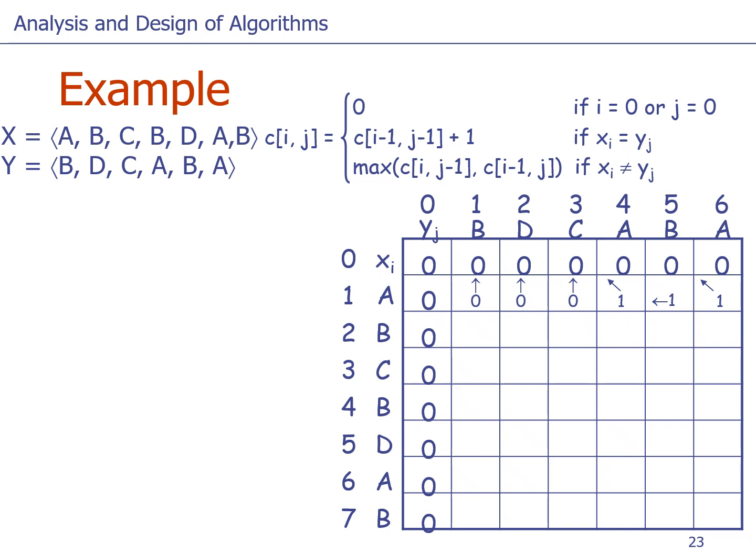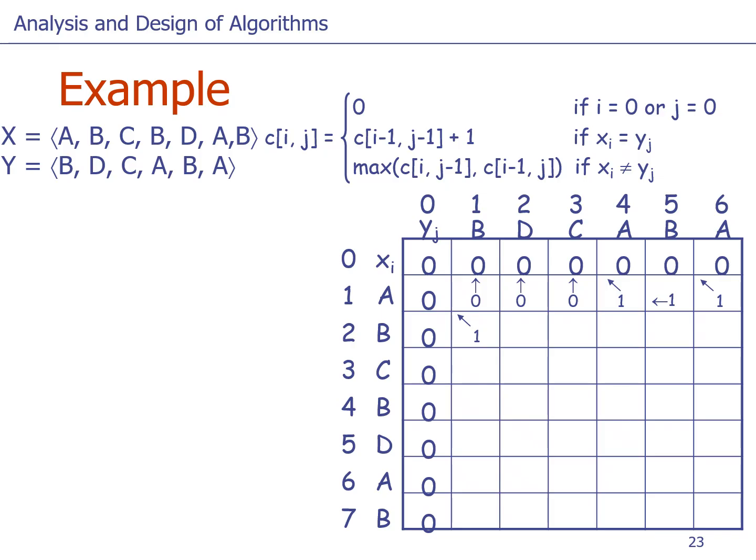Without the current letter in X and the current letter in Y, the optimal solution is 0, which is in the diagonal cell, because without the current letter in X, there are no matches at all. And I will add 1 to it. Okay? And again, think of it common sense wise, yes, it should be 1. Okay? So we'll move on to the next row.